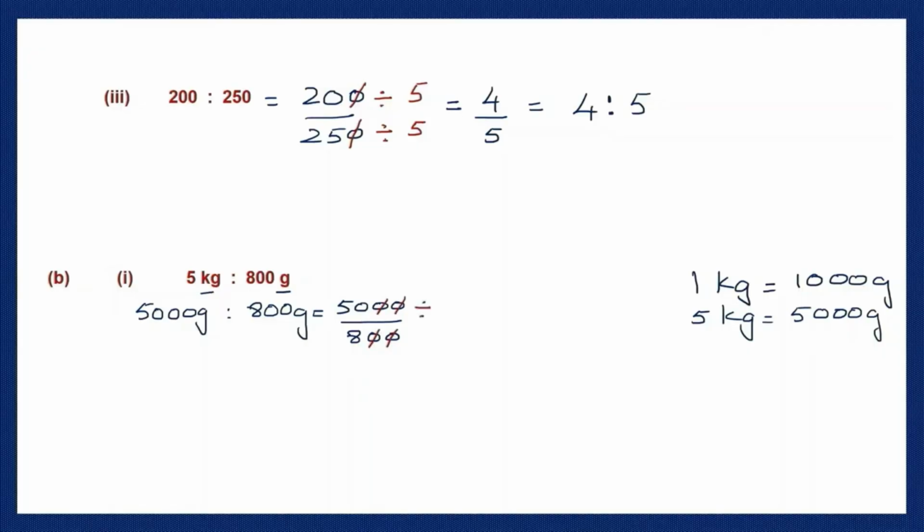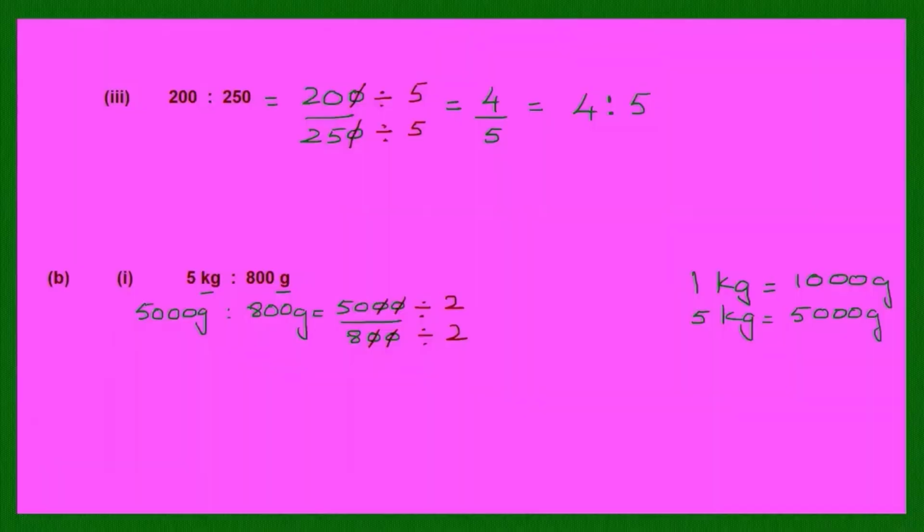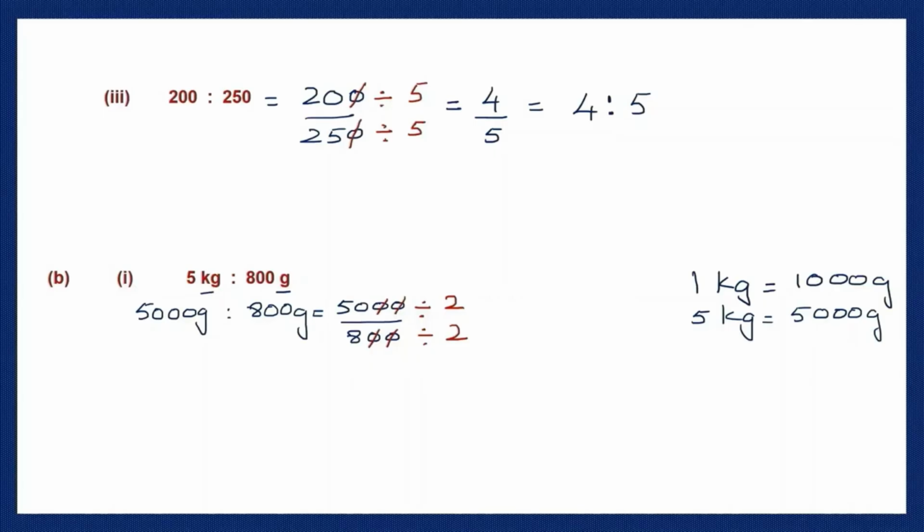Again, to reduce it to the lowest term, reduce it by a common factor. The common factor here is 2. We can divide both by 2. So when we divide by 2, we get 2 into what is 50? 2 into 25. And 2 into what is 8? 2 4's are 8. So we have reduced it to 25:4. So our final answer will be 25:4. That is our ratio.